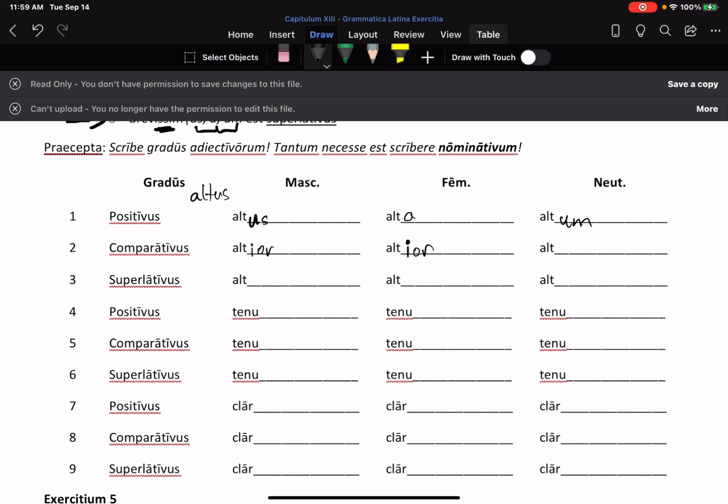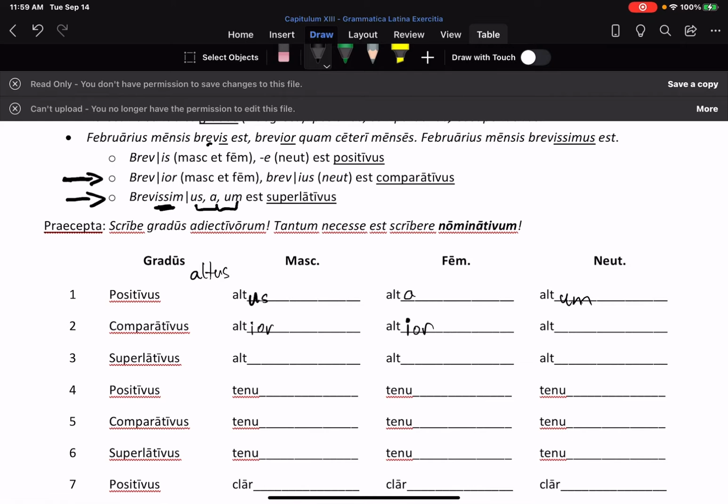And here's where it might get a little tricky. For neuter, it's actually going to be altius. So for the comparative neuter form, instead of doing the typical ior, we're going to add ius to that stem, to that alt.